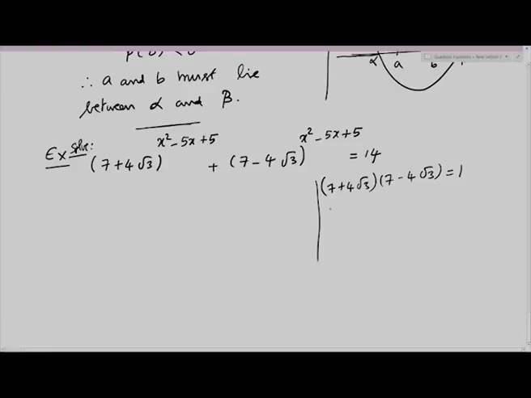That means 7 minus 4 root 3 is the inverse of 7 plus 4 root 3. So, this is the observation, and with this I can put a substitution, put y equal to 7 plus 4 root 3 whole to the power x square minus 5x plus 5.